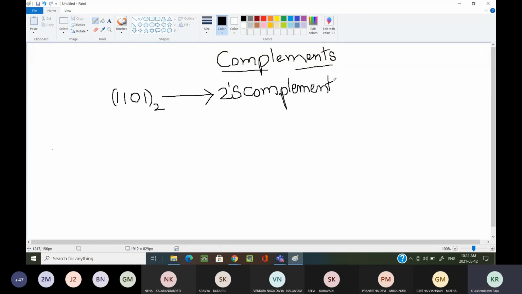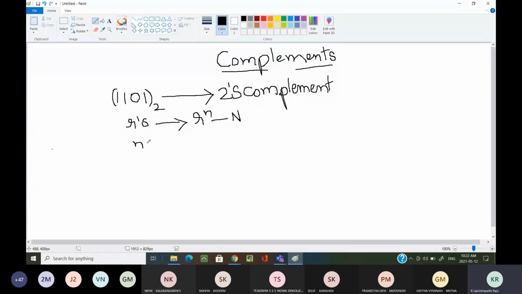Now, as usual, we know the formula for R's complement. R's complement equals r power n minus capital N. In the given problem, what is small n?